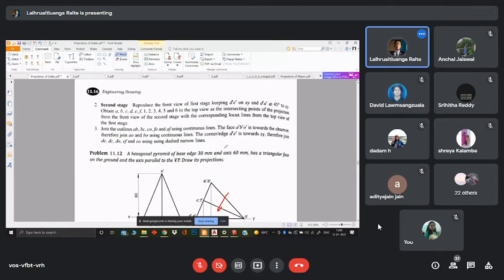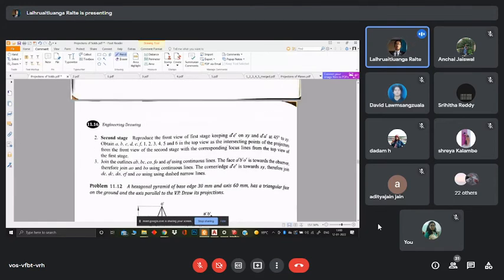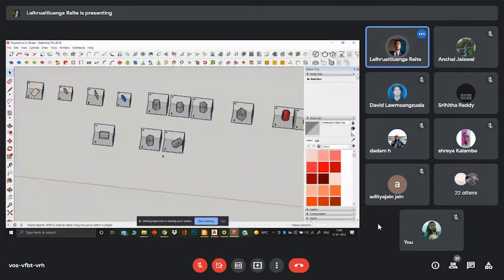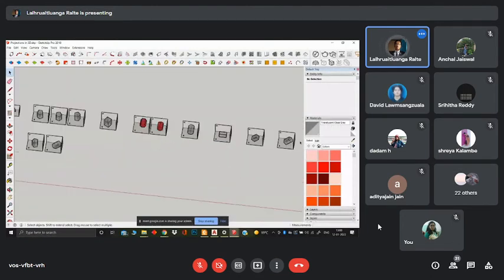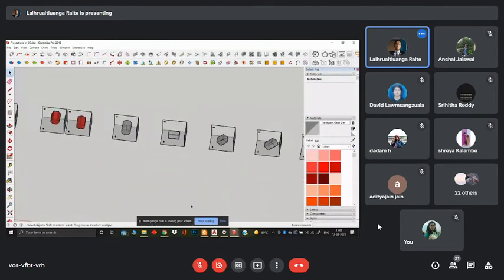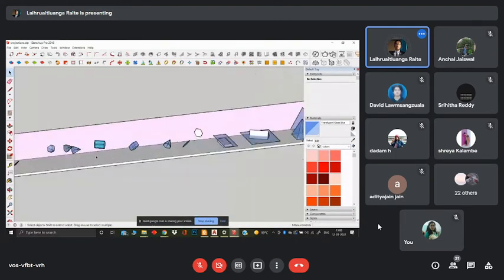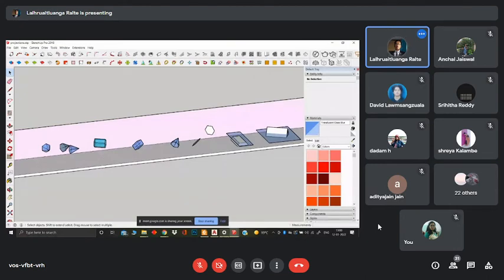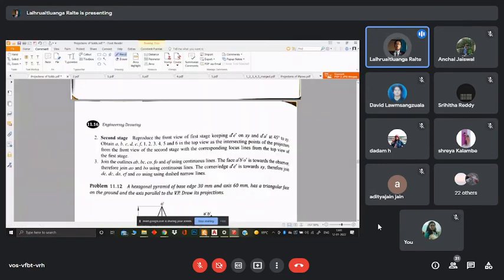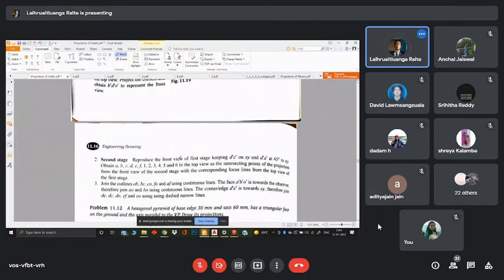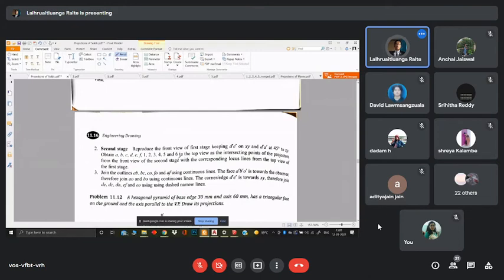Okay, it's going to rest. So how do we start off? Let me just check if I have that model. I might have it, might not. Probably I may not have that. Now let's see. We are going to let it rest on the triangular face. That means we are going to have one entire face, and face means a plane, resting on the horizontal plane.